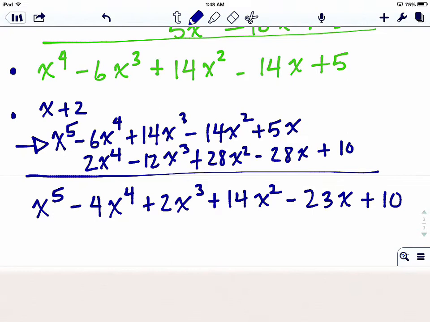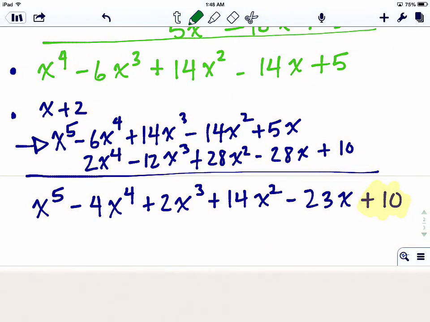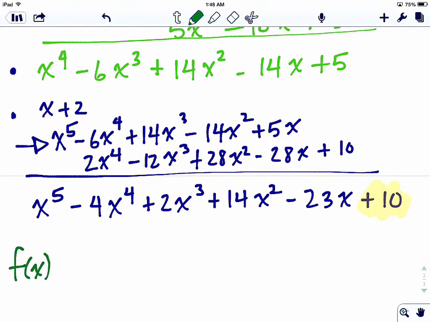It's got a power of 5, but notice the y-intercept is 10. We were told that we wanted a y-intercept of 20, so let's see, what can we multiply this polynomial by that won't change the zeros, but will change the y-intercept?